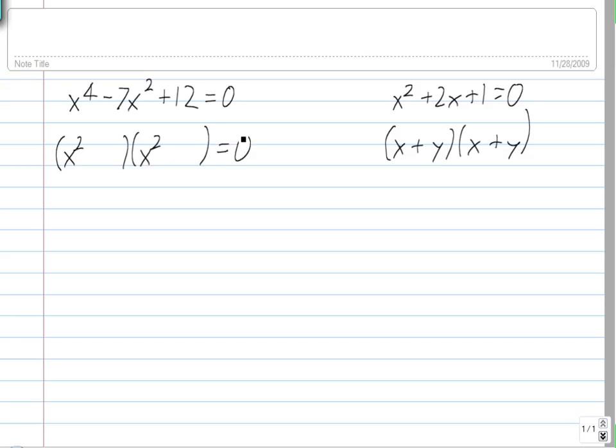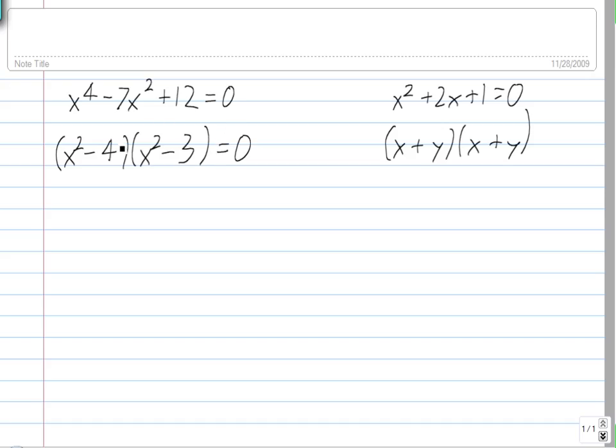So now, since the last term here is positive, that means we know that these are going to be the same sign, and since the middle term is negative, that means those signs are going to both be negative. So factors of 12 that add up to 7: 4 and 3 add to 7, so minus 4 and minus 3 here equals 0.